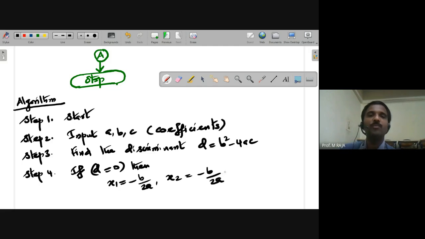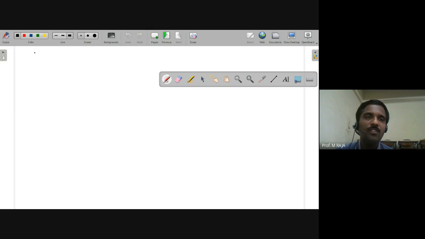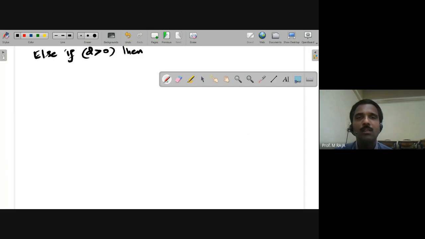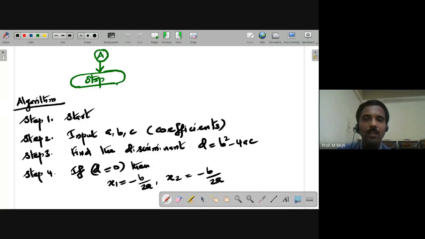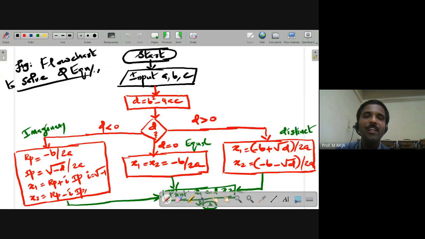In the same step 4, we can write the else part of the if. So in the next page, I write: if D is equal to 0, then real and equal roots are obtained. Else, if D is greater than 0, then we need to find the real and distinct roots.